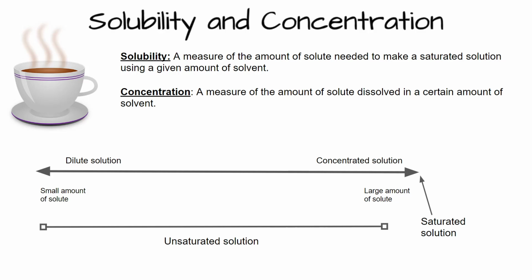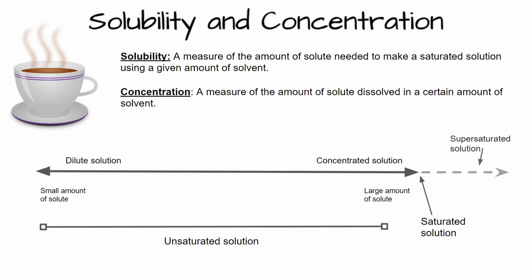A solution's saturation level usually increases with added heat. When the heated, saturated solution cools down, the extra solute usually separates out as crystals. But if the crystals do not form, a supersaturated solution is formed.